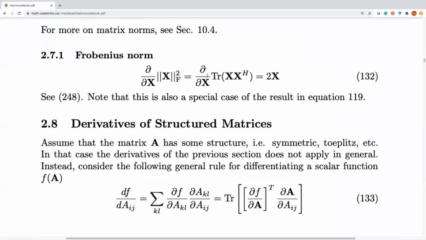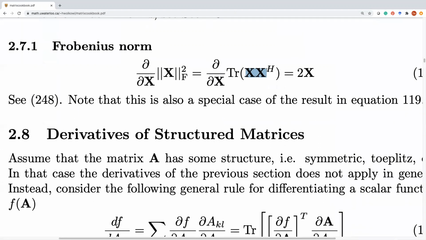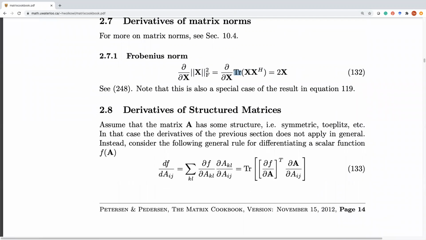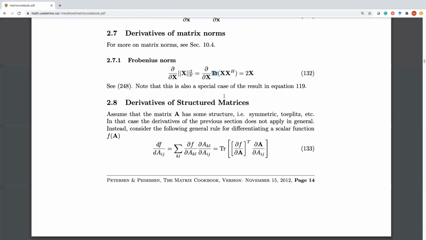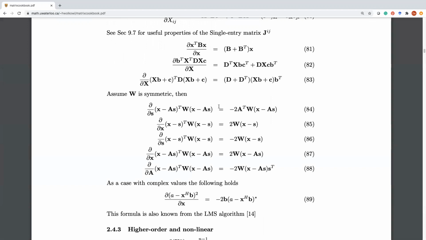Frobenius norm can be represented as a trace of the matrices. And the important thing of doing the trace is that then you have another table.